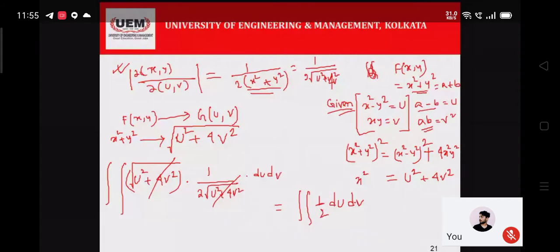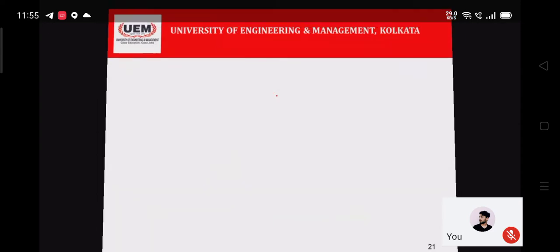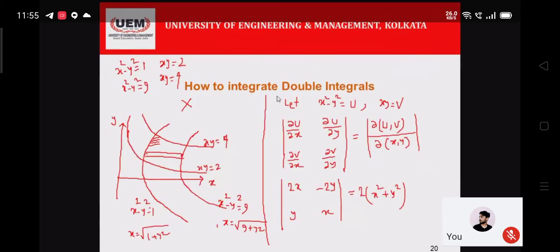Now we have to decide the range of this integration. Going back to the earlier slide, just think here, we assumed x square minus y square to be u. Then from this transformation we can say u runs from 1 to 9 and v runs from 2 to 4.